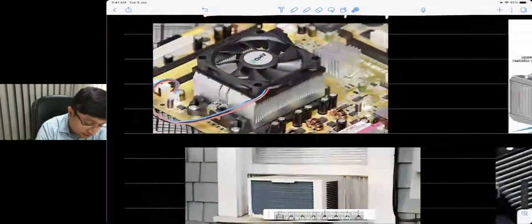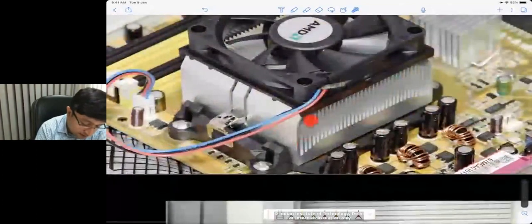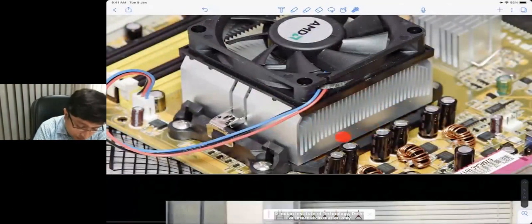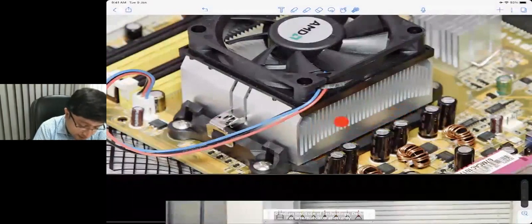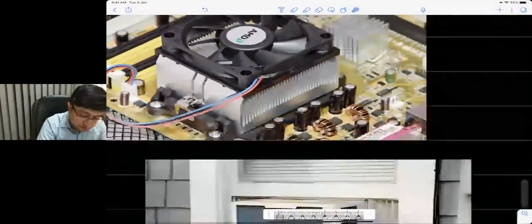In the case of the heat sink, there are flat, thin plates extending out of the heat exchanger. The processor is right below it, so it conducts heat into the base of the heat sink, and then heat is conducted through these thin extensions in the upward direction.